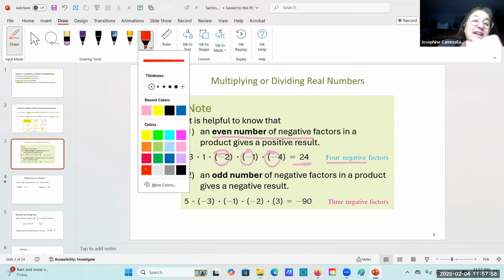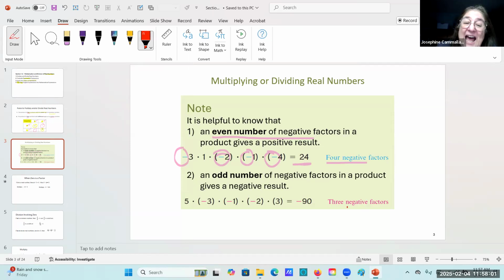If you have an odd number, 1, 2, 3, you're going to have a negative answer. If you have two of the same sign, it's positive. But when you have a lot of negative signs, you're going to have to count them. If you have an even number, your answer's positive. If you have an odd number, it's negative.